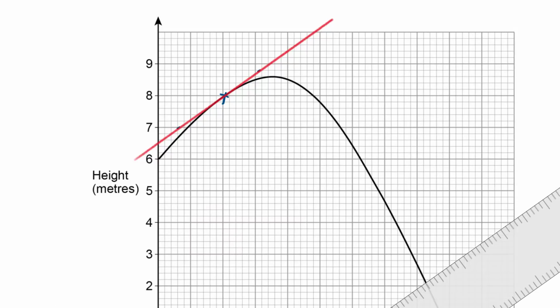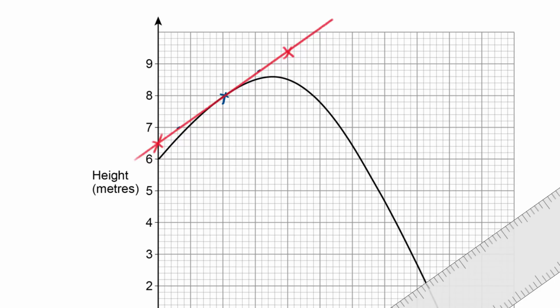And we're going to need to take 2 points on it and evaluate the change in y and the change in x. Now I would suggest you take a point which lies on one of your known grid references. So I'm going to take this point here that is exactly at 2, and this point here which is exactly at 0.